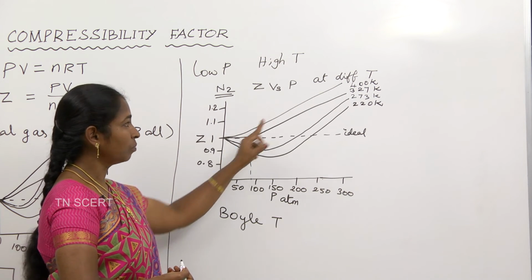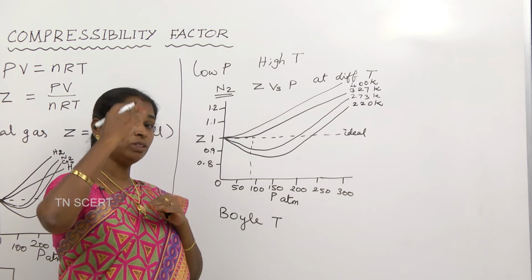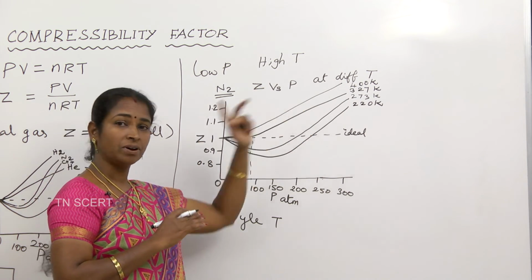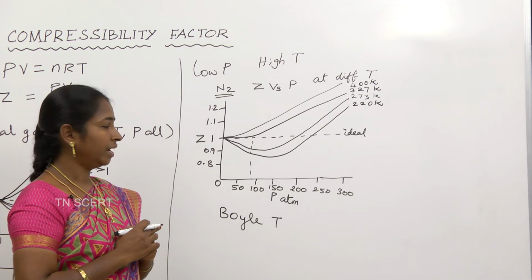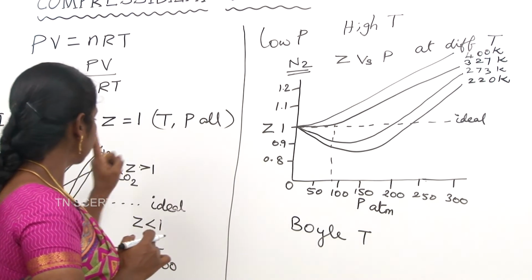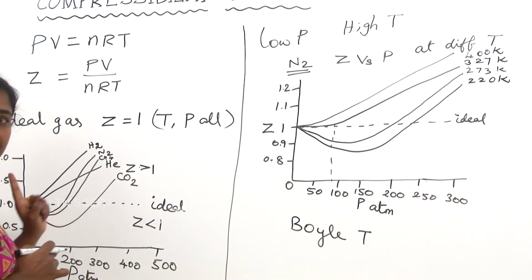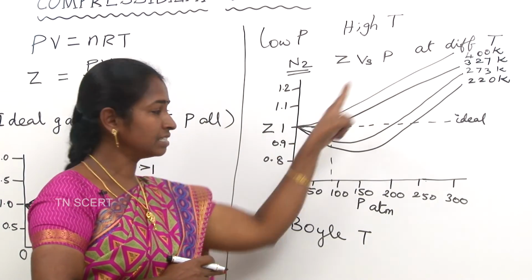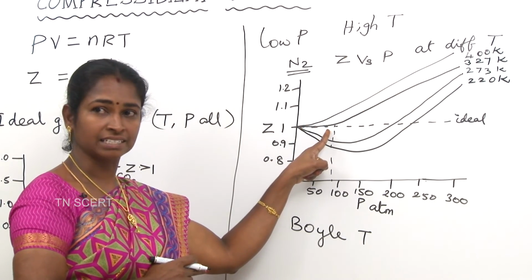So, this is the Boyle temperature, and above the Boyle temperature the gas always shows only positive deviation. Right. Now, you know, at low pressure the gas behaves as an ideal gas. At the same time, at high temperature, the gas behaves as an ideal gas.